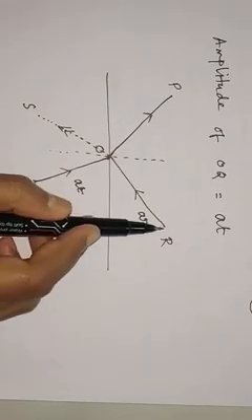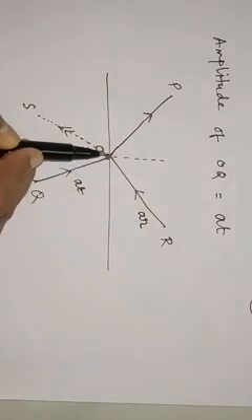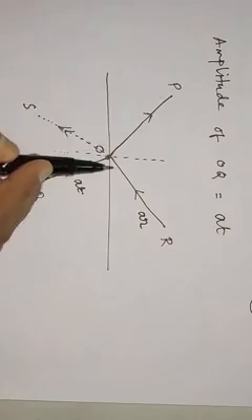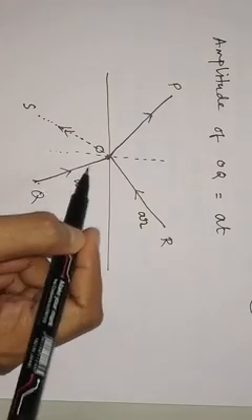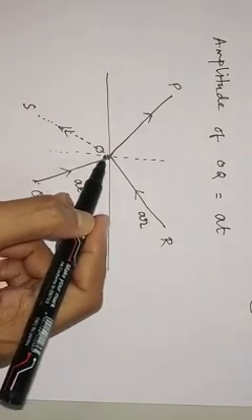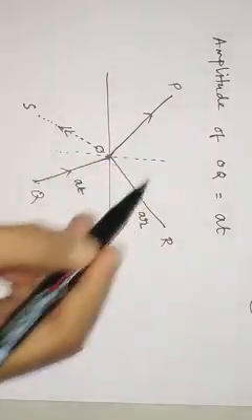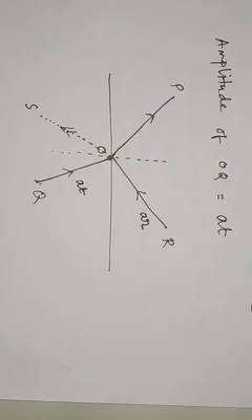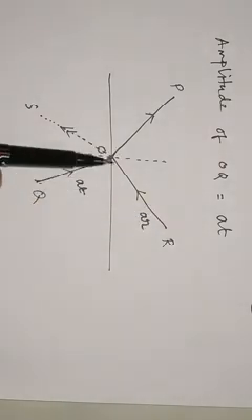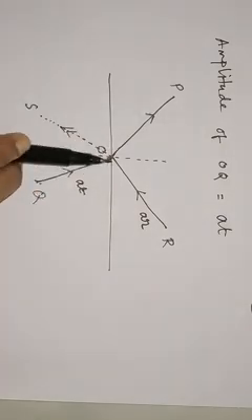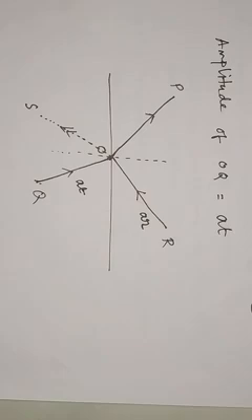A part of RO is reflected along OP and transmitted along OS. Similarly, a part of QO is reflected along OS and transmitted along OP. Then what will be the amplitude of the reflected part of RO, and the amplitude of the transmitted part of RO?